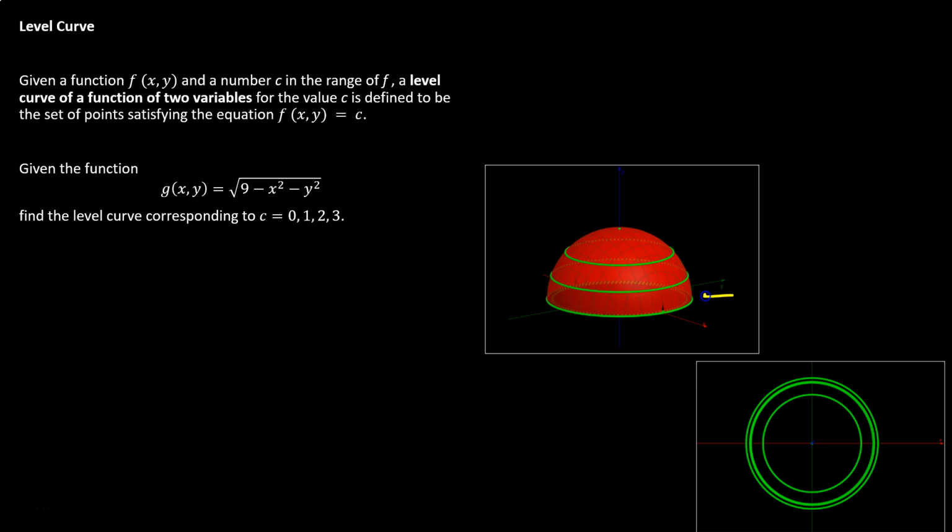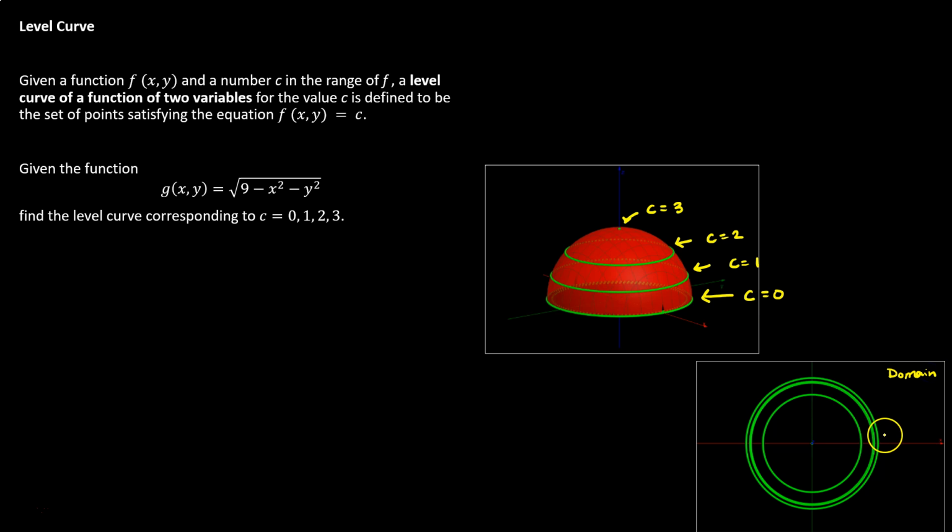So we have a contour at the constant 0, a contour at the constant 1, a contour at the constant 2, and a contour at the constant 3. And each one of those can be projected into the domain.